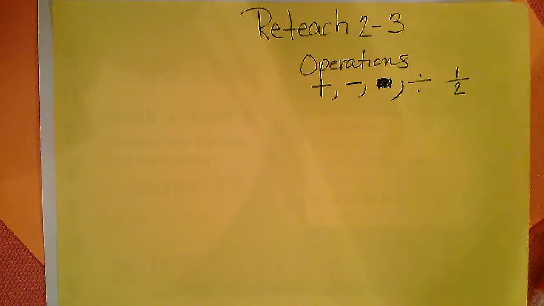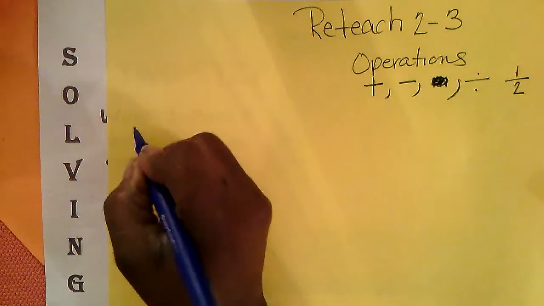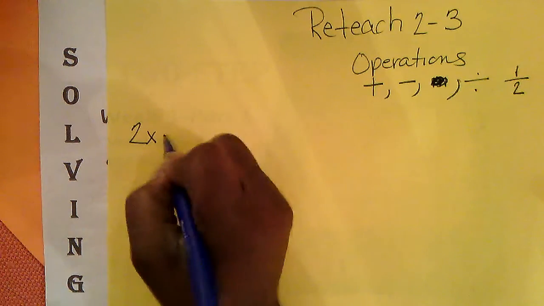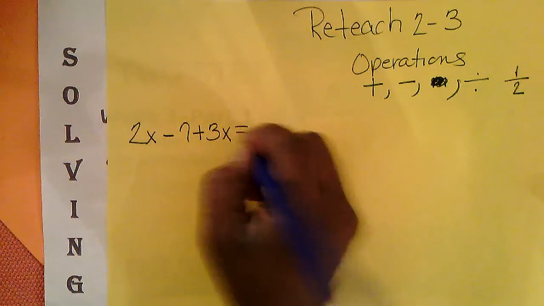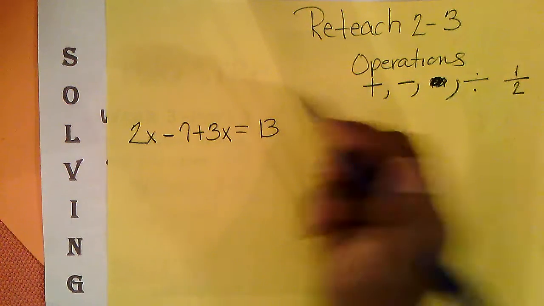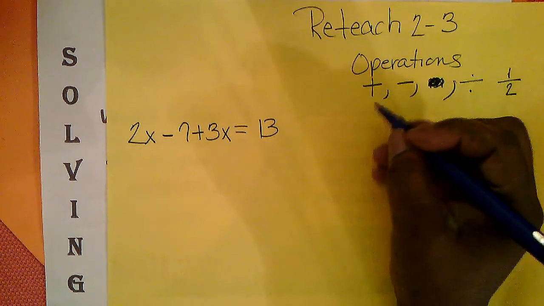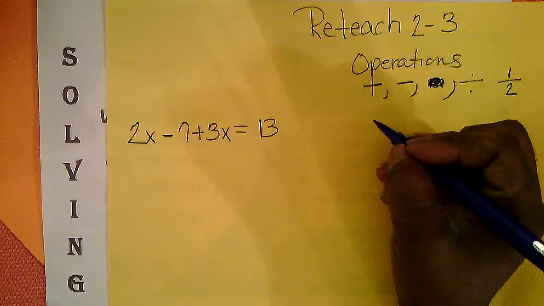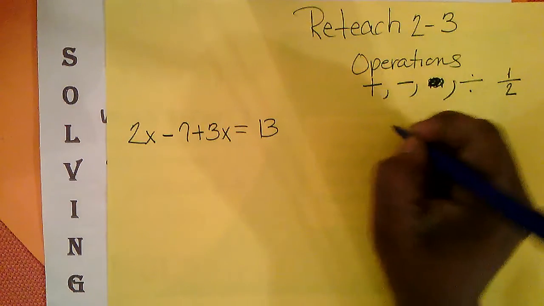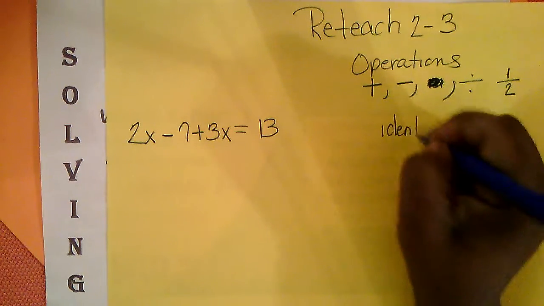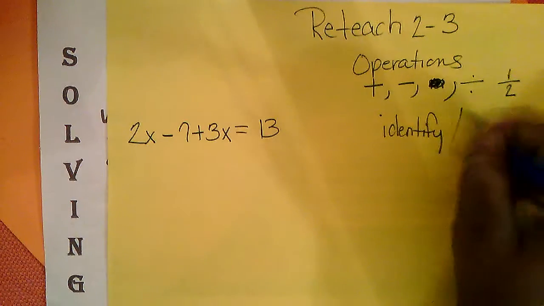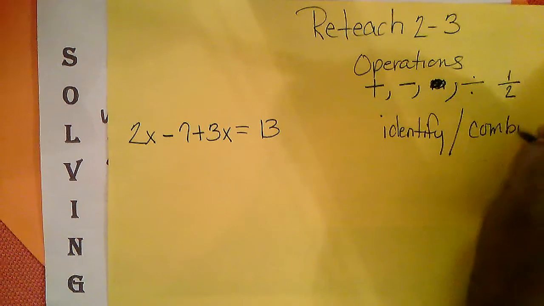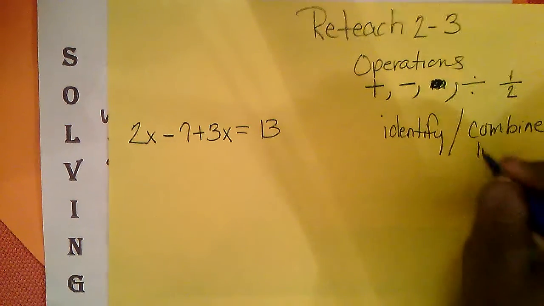So let's go ahead and look at the example that they gave us, which is 2x minus 7 plus 3x equals 13. One vocabulary word we looked at is combining. It says identify and combine like terms.